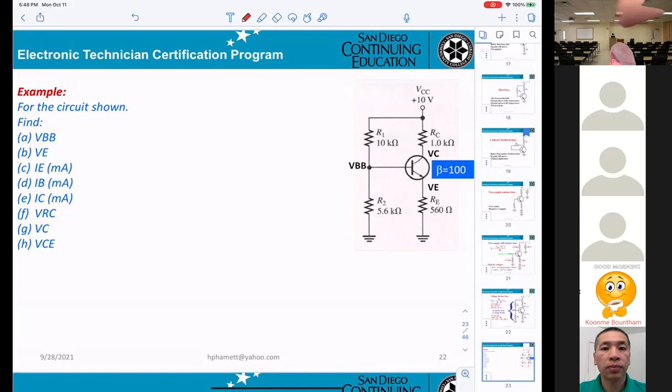The formula we already know. I want the answer. Oh, okay. 3.6. Correct, 3.6.